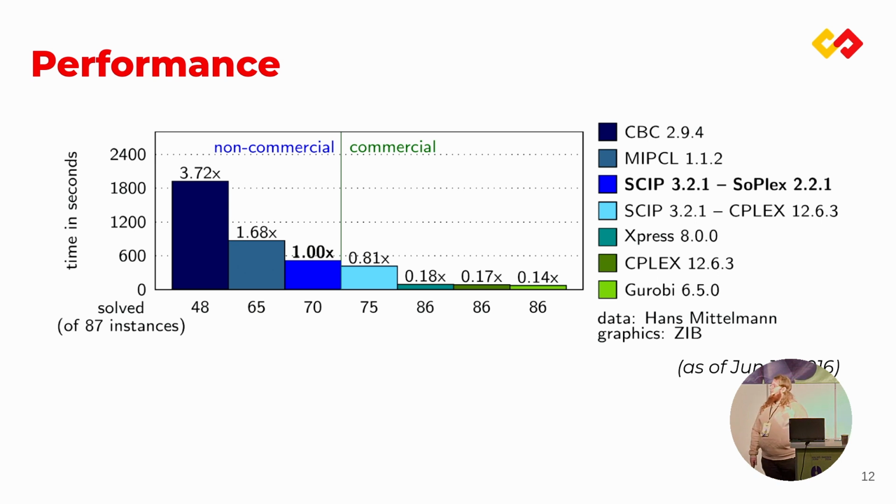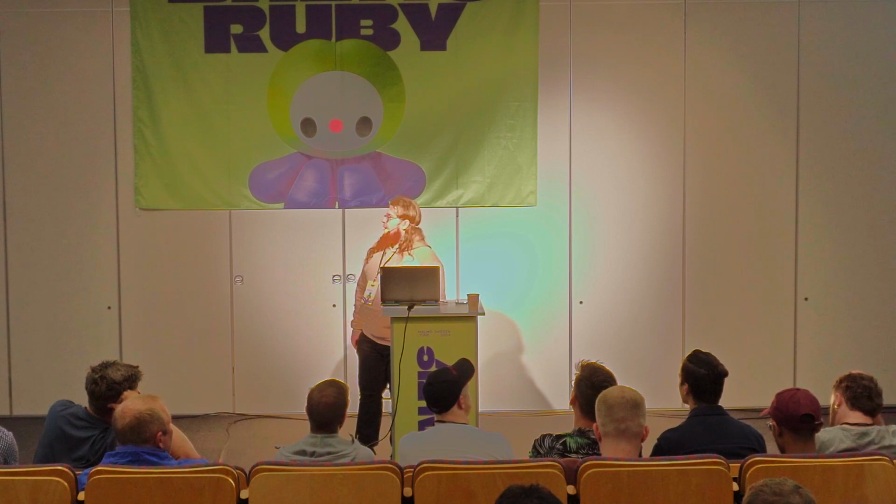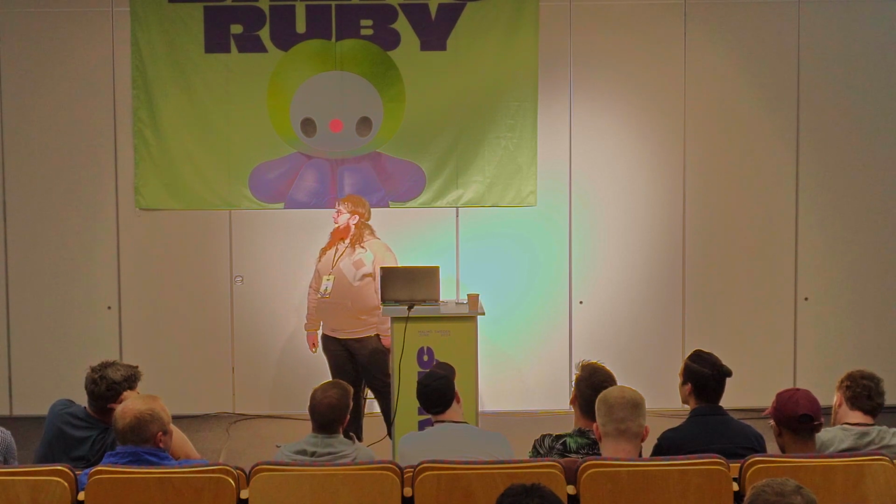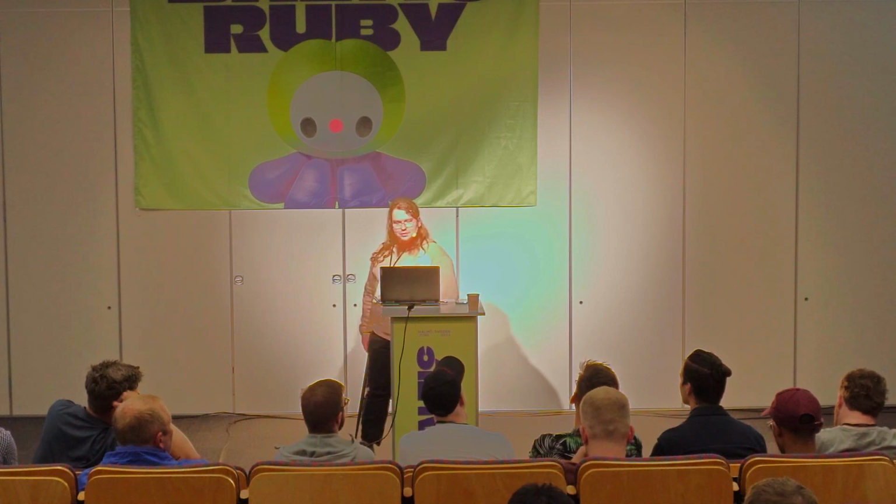If you're using a non-commercial solver, you'll be unable to solve some instances and models, and when using a commercial one, you'll be good to go in most cases. In that case, 86 of 87.